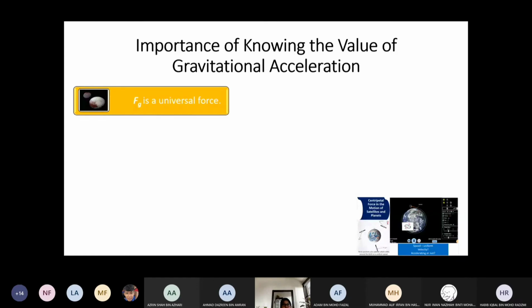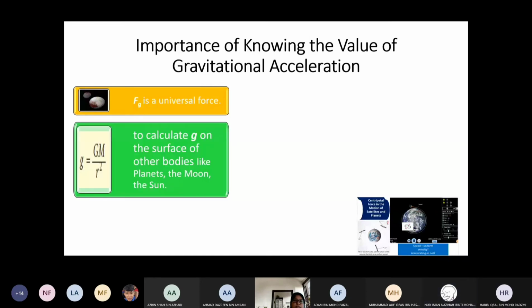Okay, sorry tadi ter-disconnected. Okay, the importance of knowing the value of gravitational acceleration. So, apa dia importance of knowing the value of g? So, Fg is a universal force. Okay, and then kita dapat g equals GM over R squared. So, this one is to calculate.